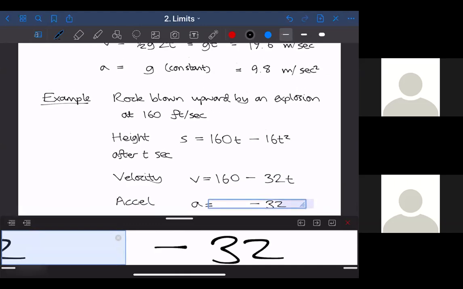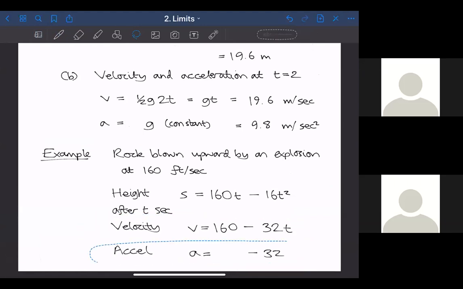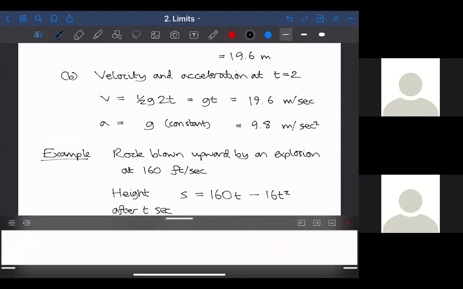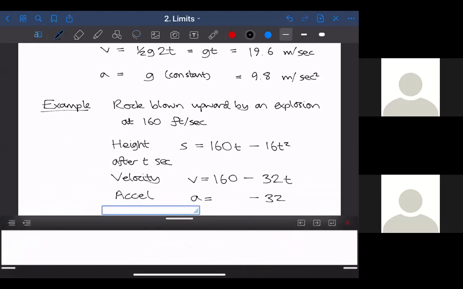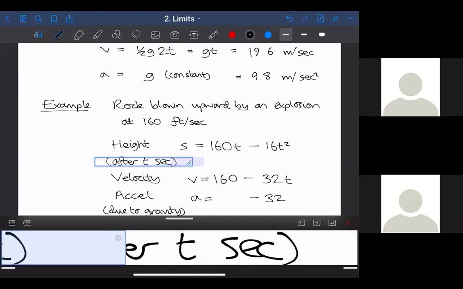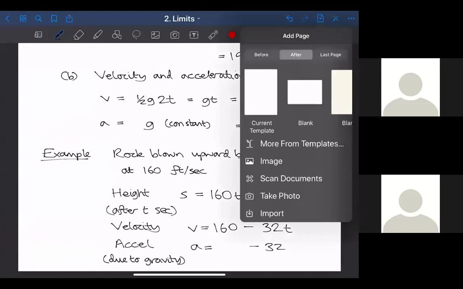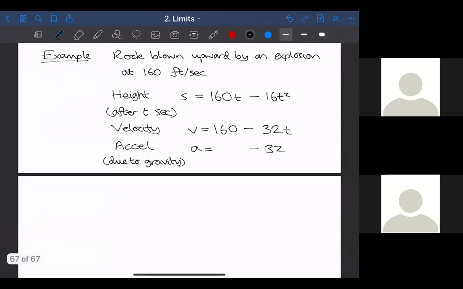And this is, as usual, the acceleration due to gravity. So let's take a look at the corresponding graph.